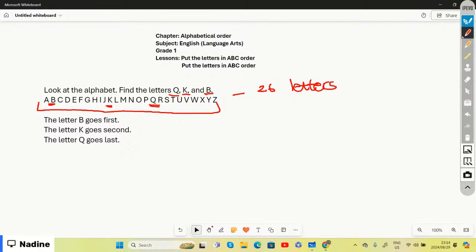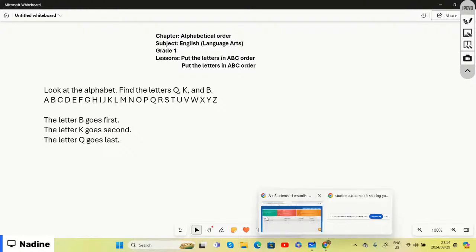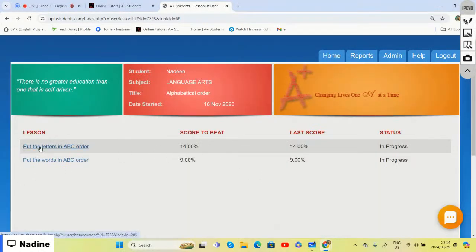All right. So now we're going to aplusstudents.ca and we're going over letters of the alphabet that we put in alphabetical order.